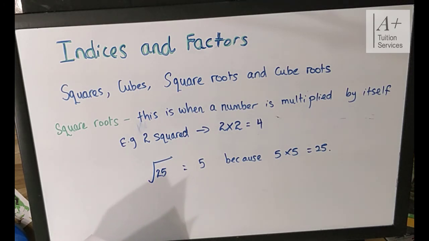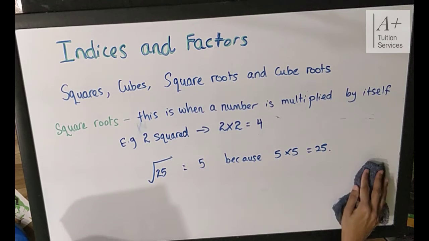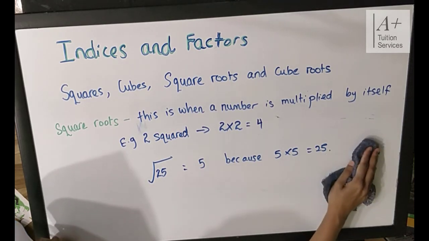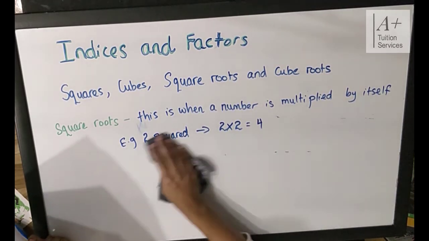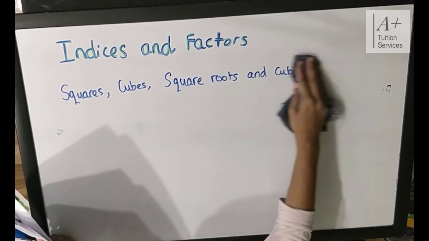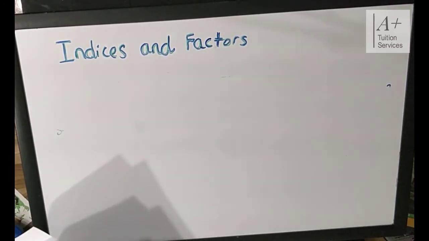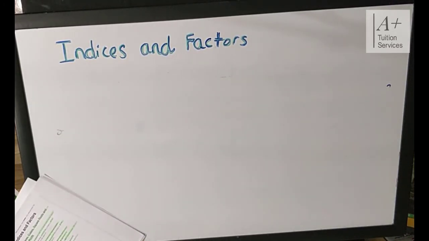So now we move on to cube numbers and cube roots. I'm going to just erase this so you can go ahead, pause the video and take your notes. Right, so now we're going on to cube numbers. I always mix up square and cube when I'm teaching and not really paying attention to what I'm saying, right?